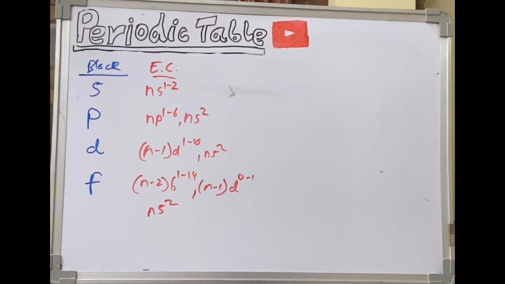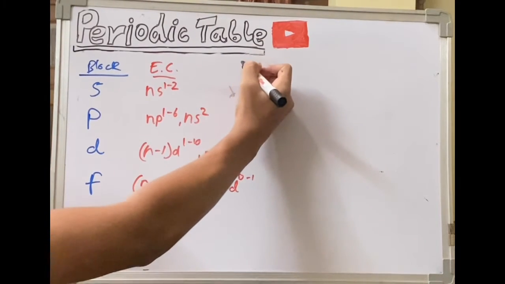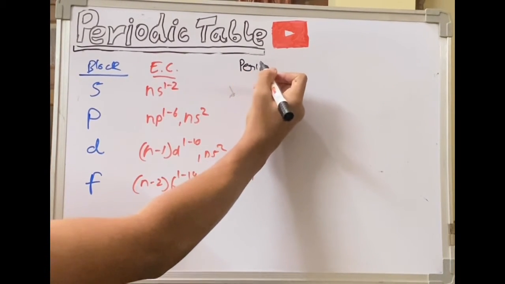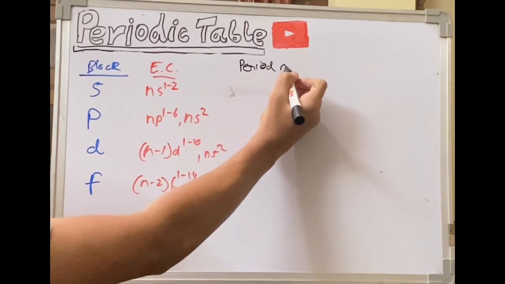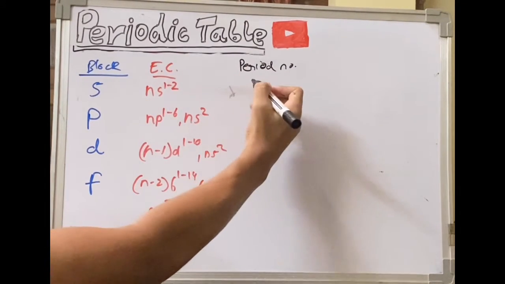Now, for the period number: if an element is given and you have the electronic configuration of the block, of course you need the electronic configuration as well. So the period number for S block elements can be found by the value of n.